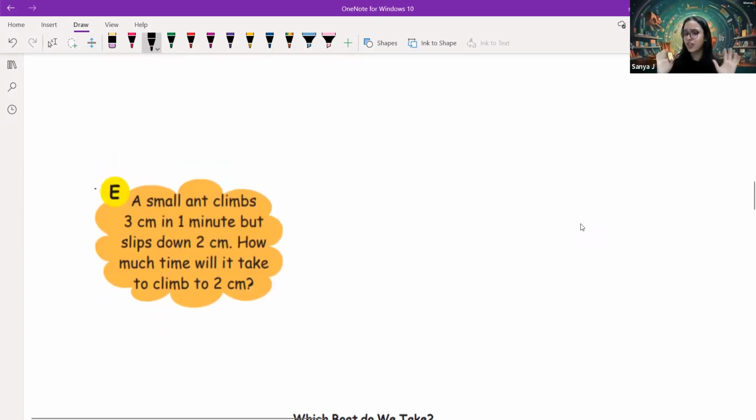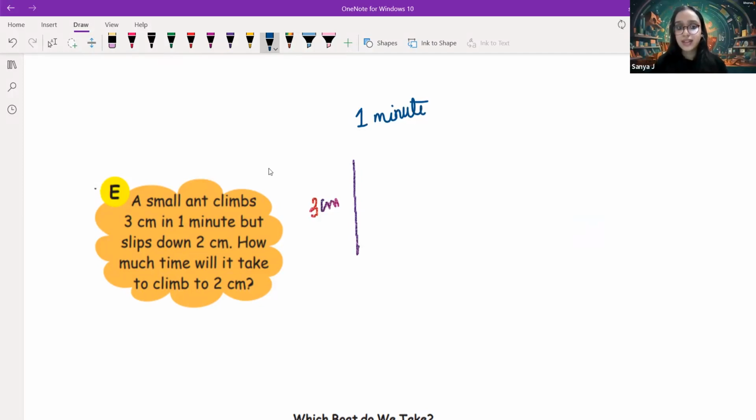With this, let's move on to the last puzzle that we have, and this is a very interesting one. There's a small ant that climbs 3 centimeters in 1 minute. But it slips down 2 centimeters.